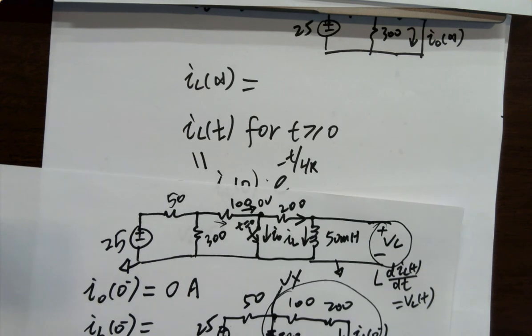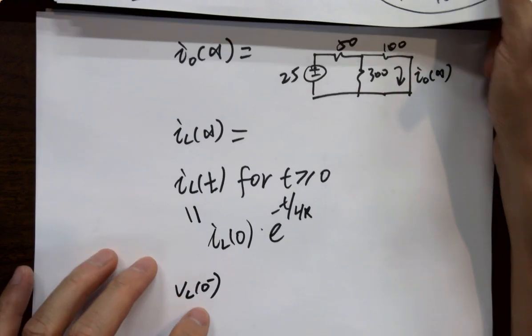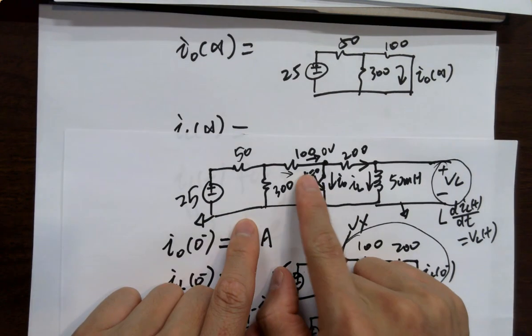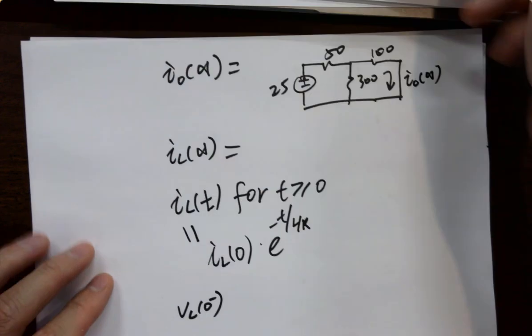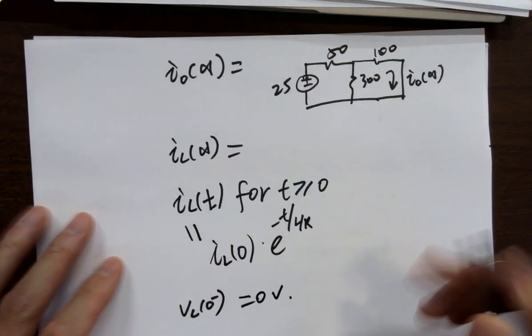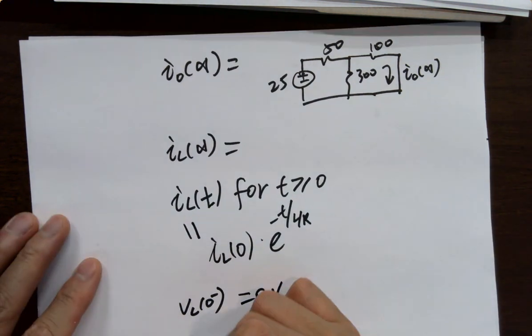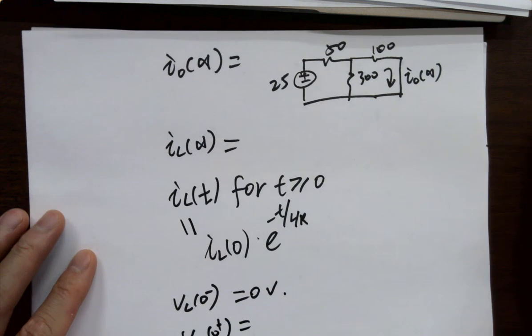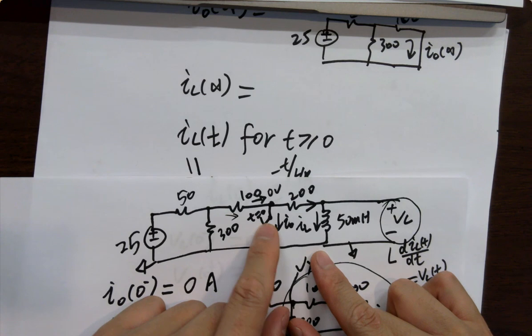That looks interesting. VL0, which means before you close the switch, right? Before you close the switch, what's the voltage across it? It's a wire, right? Yes. So VL0 is 0 volts. So what about VL0 plus? You close the switch.